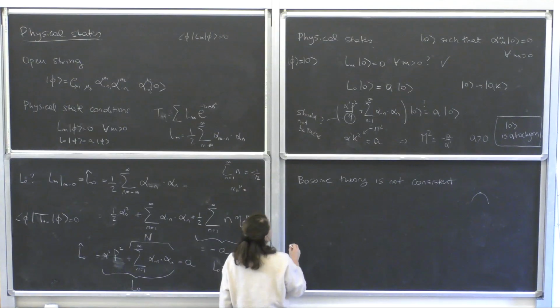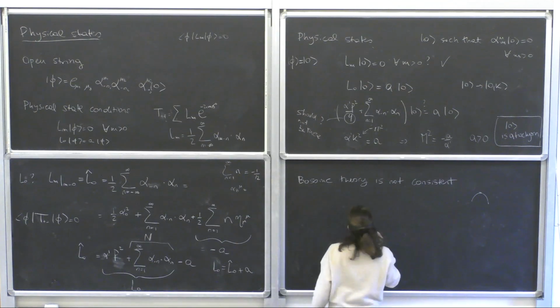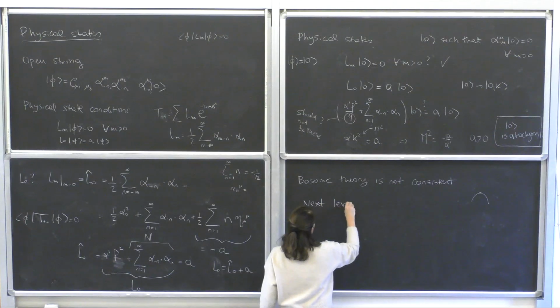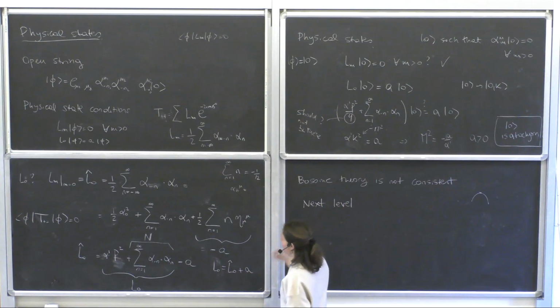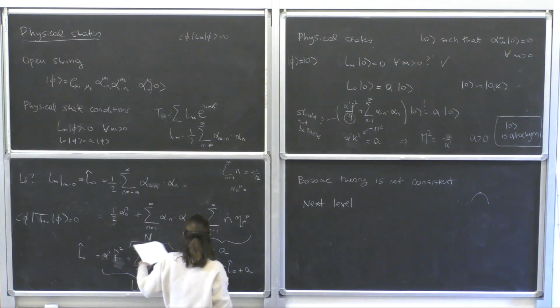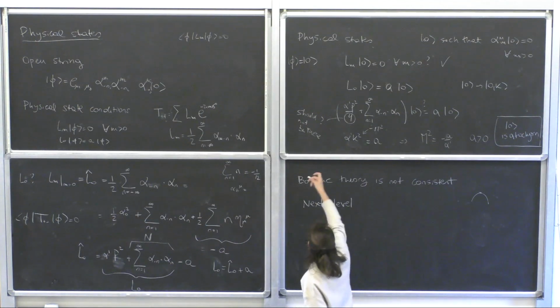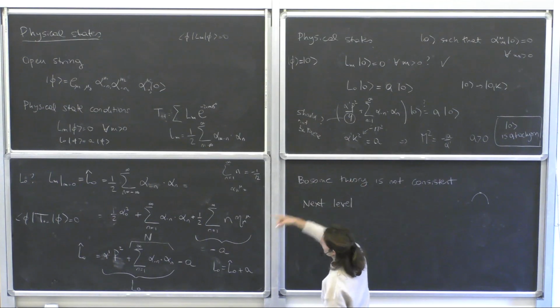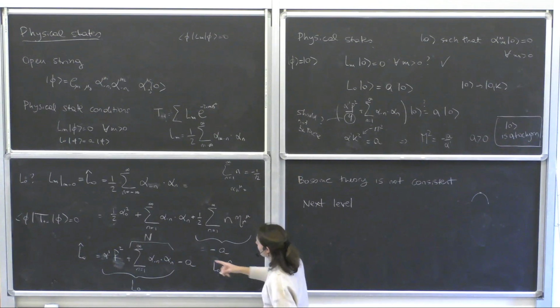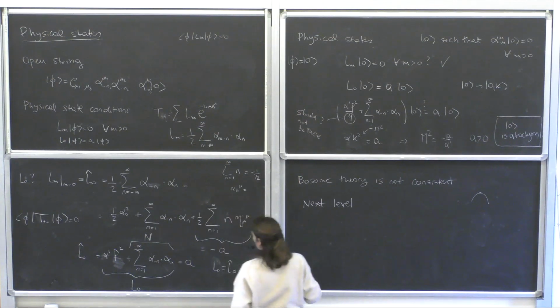Okay, let's go to the next step. These are called levels, and we will see this in the next level. This level is n equals 0, and because this operator n annihilates that state, the next level will be n equals 1.